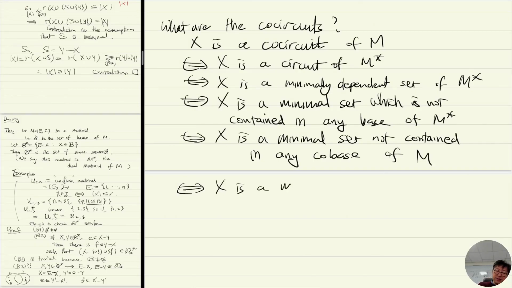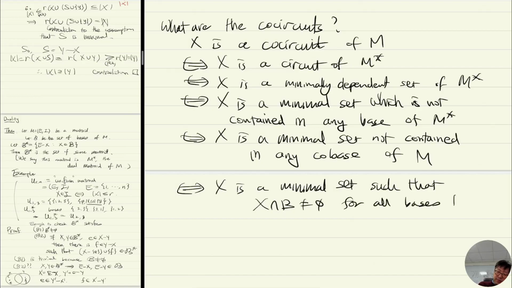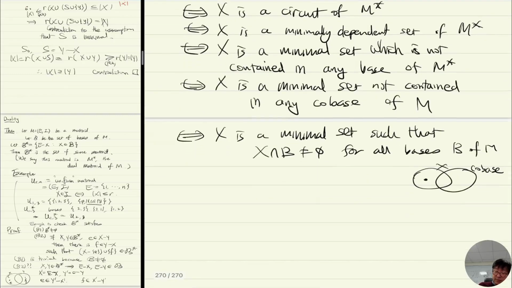So X is a minimal set such that X intersection B is non-empty for all bases B of M. If this is X, this is the co-base, and X is not a subset of the co-base, so that means there's an element here. That means the complement of the co-base, which is a base, intersecting with X is non-empty. So X is a minimal set meeting all the bases.